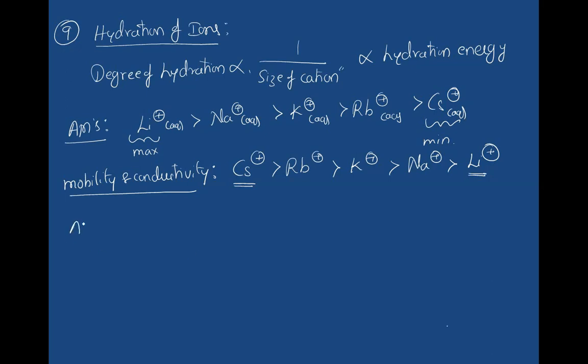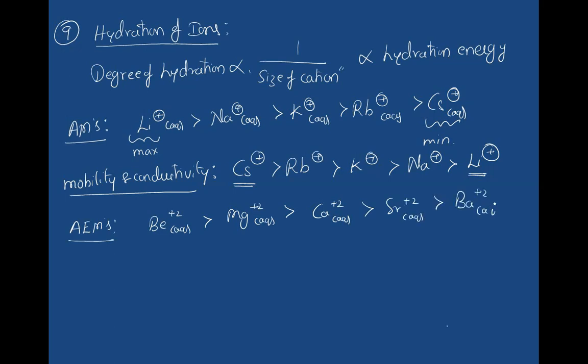With respect to alkaline earth elements: beryllium, magnesium, calcium, strontium, and barium. Minimum degree of hydration to maximum degree of hydration.